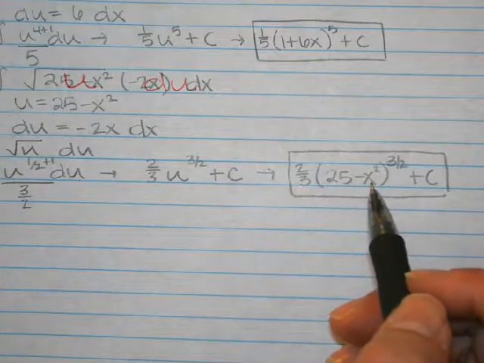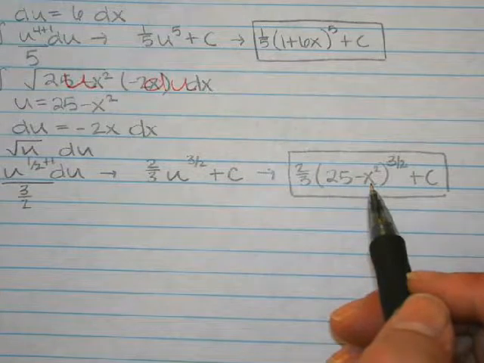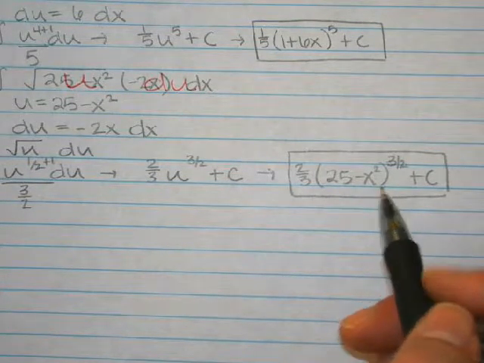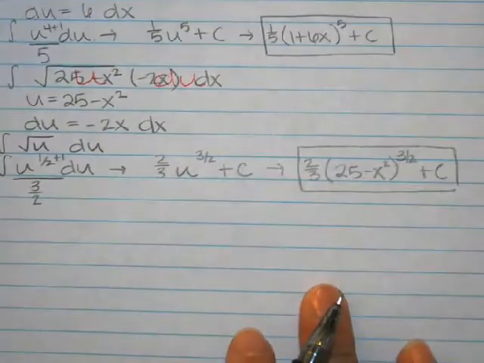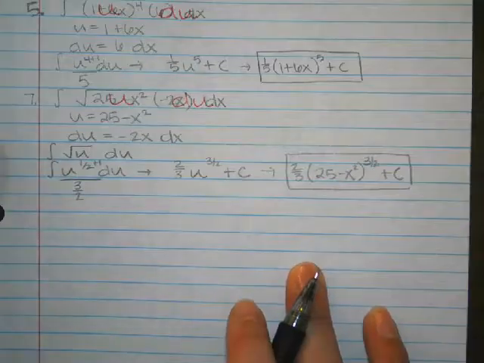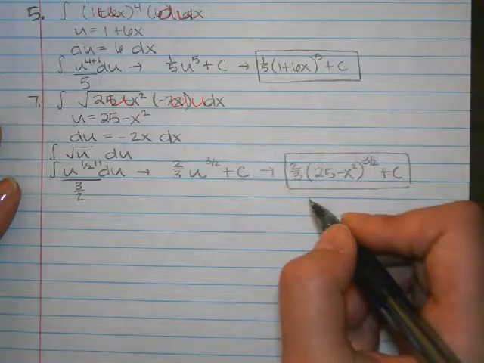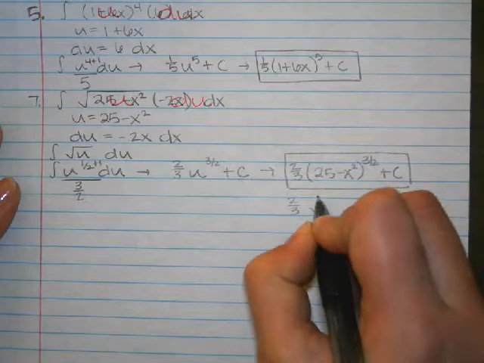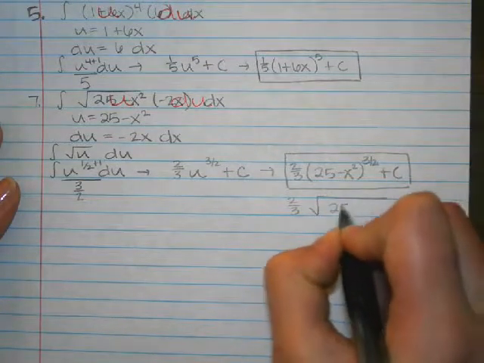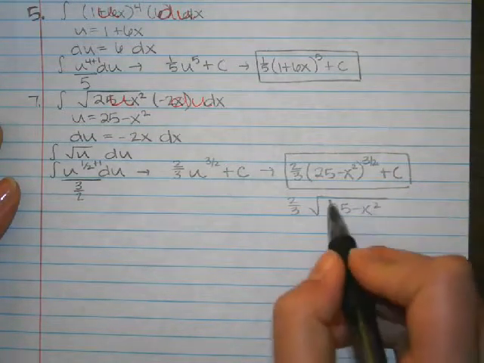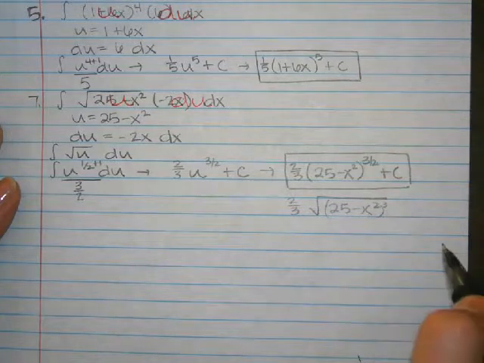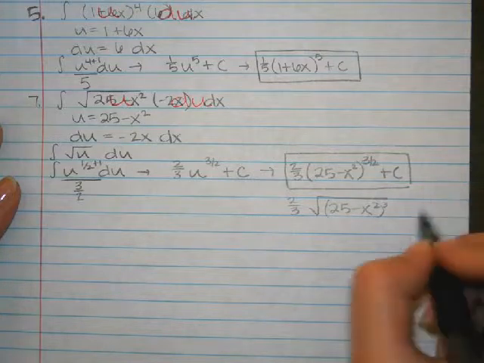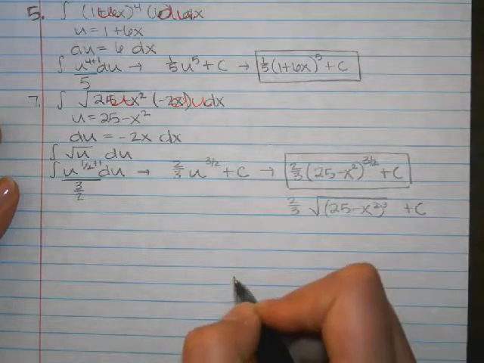But we do know that the multiple choice answer could have been in another form. If they had written it as a radical, it would have been 2/3 and then the square root of 25 minus x squared, and they could either put parentheses around here and put third right there, or they could have put parentheses around the whole thing and put third. So it could have been written either way.